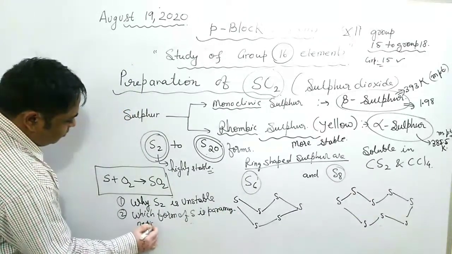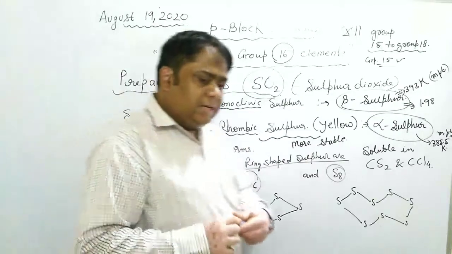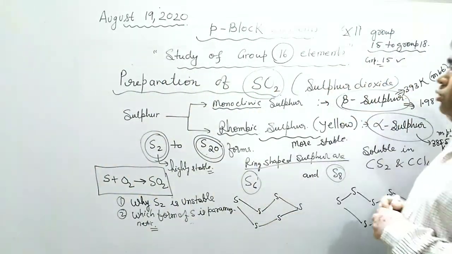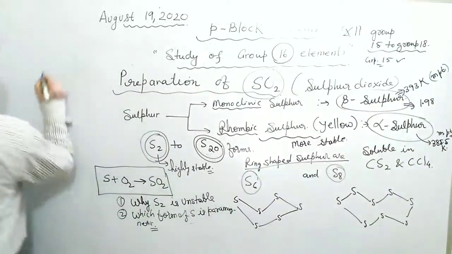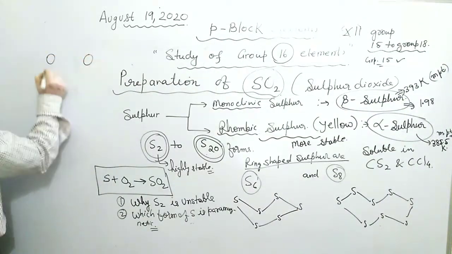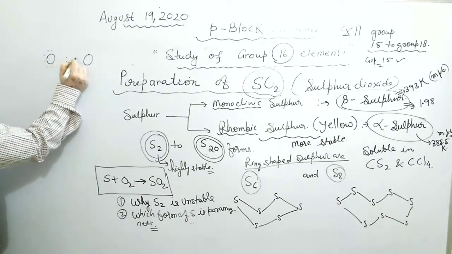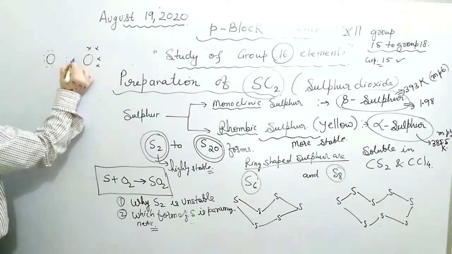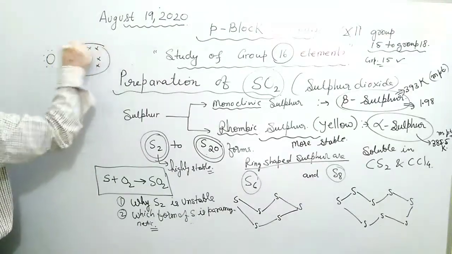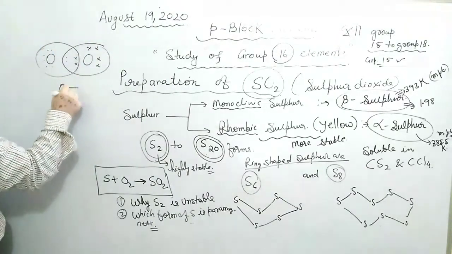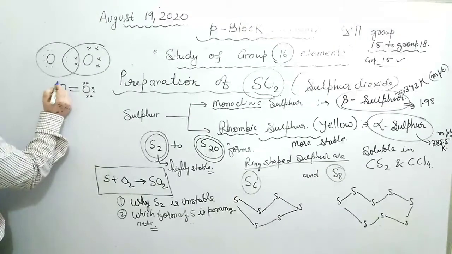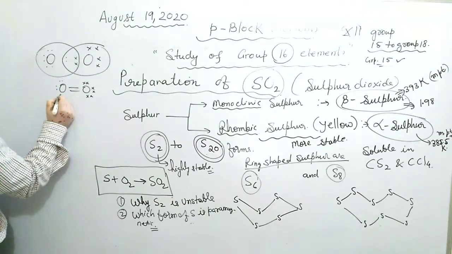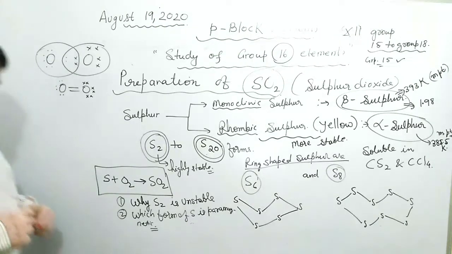Okay, so why is S2 unstable? If you see O2 and S2, they belong to the same group. So when oxygen forms a bond, O2, it forms like this. Similarly, what can we expect for sulfur?